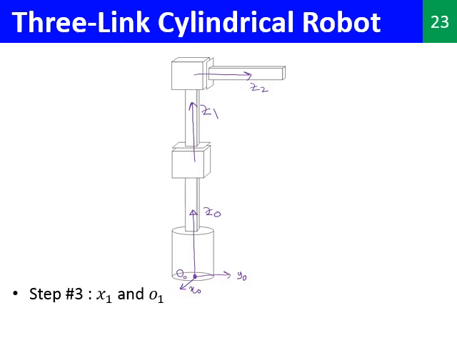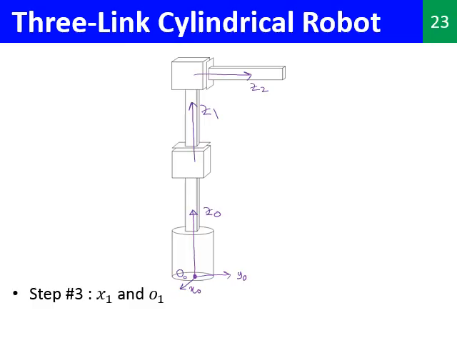Okay. Step 3, X1 and O1. Out of the 3 cases that can happen, what we have here is a special case where Z0 and Z1 are basically the same axis. So there can be many choices for X1 perpendicular to Z0 and Z1. Okay.